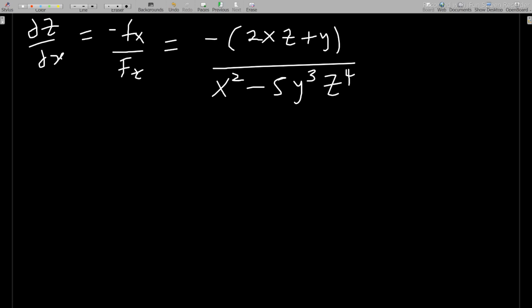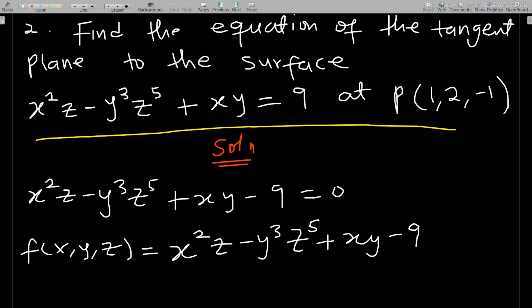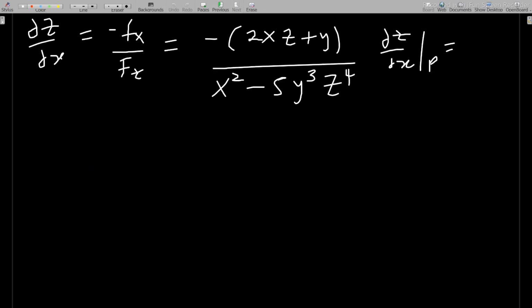Now let's simplify it at the point p. So del z del x at p. What is p? P is given in the question as 1, 2, negative 1.